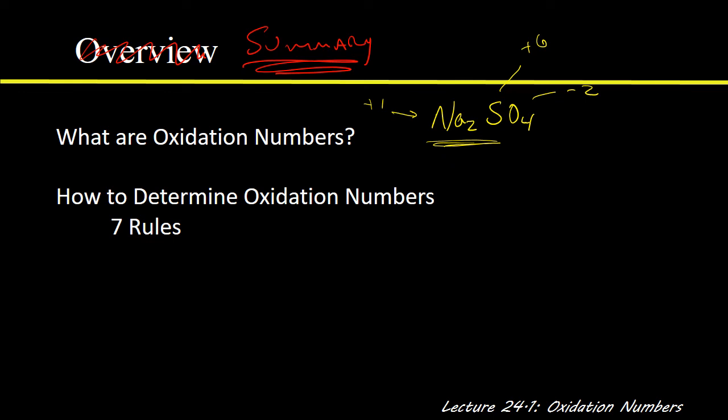When you've got ionic charges, it's really easy to count electrons and figure out who's being oxidized and who's being reduced. For things with polyatomic ions and molecules, it's more complicated. So this is a way of treating those as if they were ionic so that we can assign charges to all of the different atoms and keep track of the electrons.